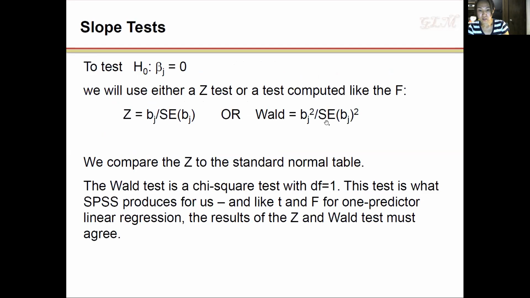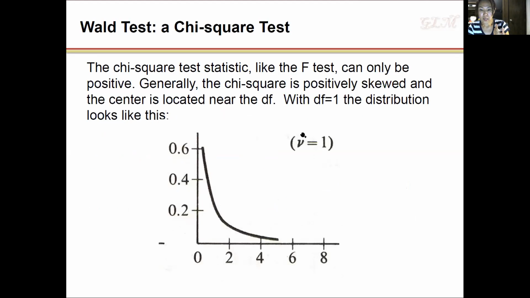So the Wald test. What kind of distribution does the Wald test show? When the degree of freedom is 1, it looks like a chi-square distribution.